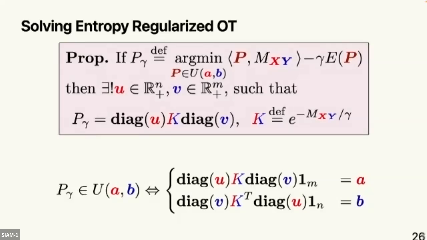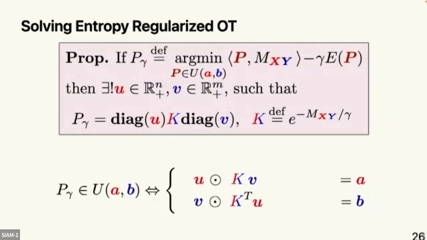And if I just do very basic algebraic operations, so for instance, a diagonal matrix times 1 is just a vector, like this. Then a diagonal matrix times a vector is just scaling element-wise the entries of the vector, Kv or K transpose u. So it's just an element-wise product of vectors.